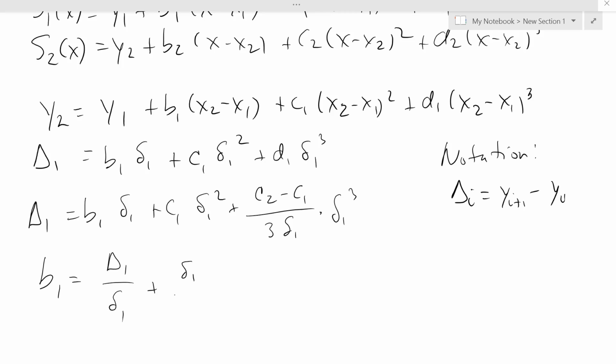I would have 3 minus 1 gives me 2 of them, and then I've got a single one there. So I would have a 2C1 and a C2, and it's a minus because I'll have to move it to the other side. So I'd have a delta 1 over 3 times (2C1 plus C2).